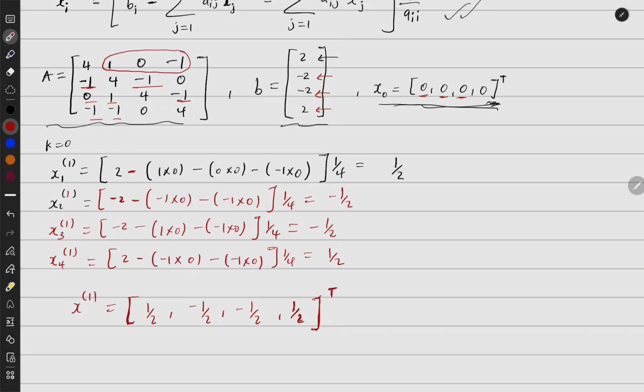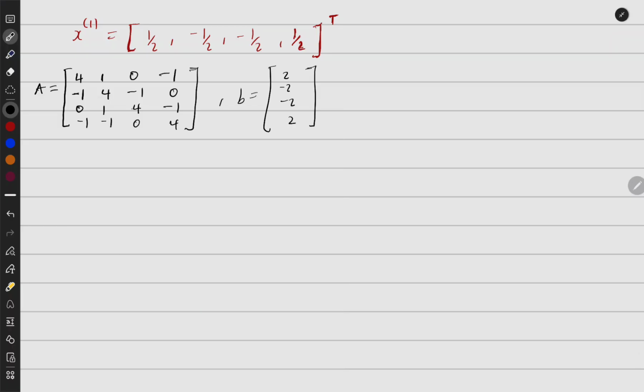Then we continue to the next step, step 2, where k equals 1. The first one is still 2 minus, take this and that and that. This is 1 times the corresponding value, which is a half.